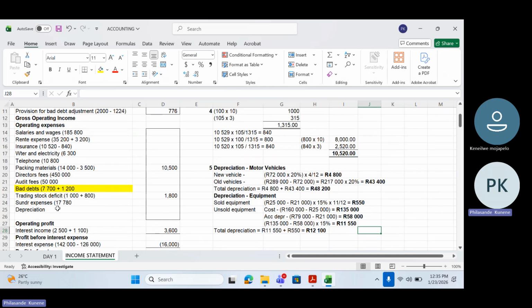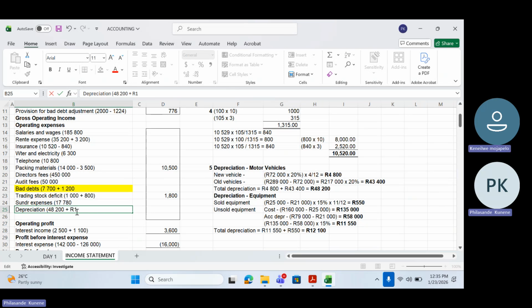So what do I need to do now? I need to go to my income statement and say depreciation. I will start with the one for motor vehicles, which is going to be 48,200 plus depreciation for equipment. How much is that? 12,100, yes.